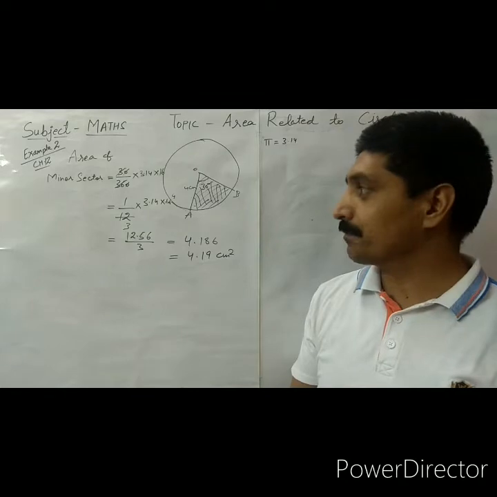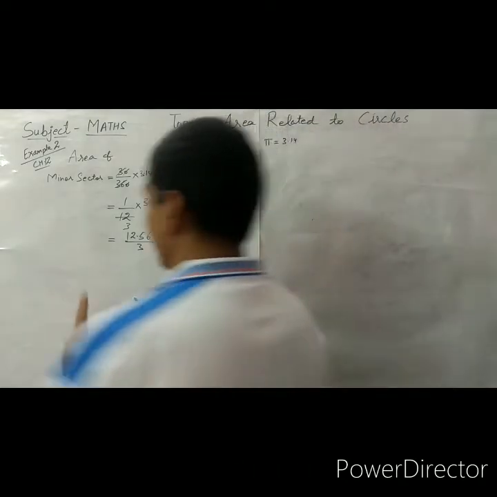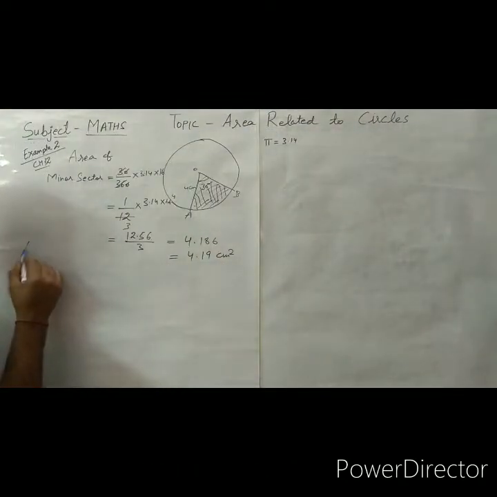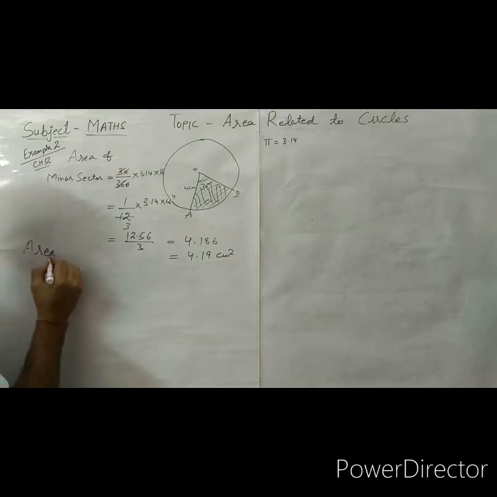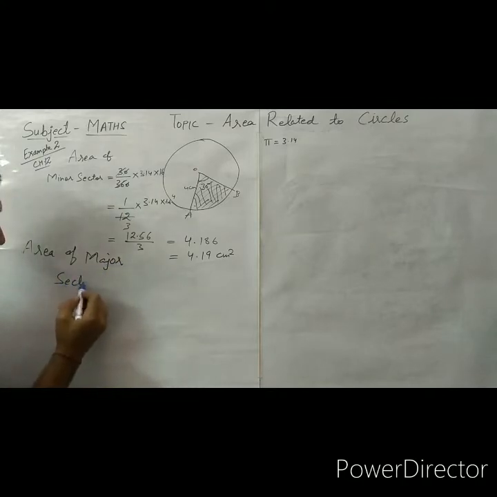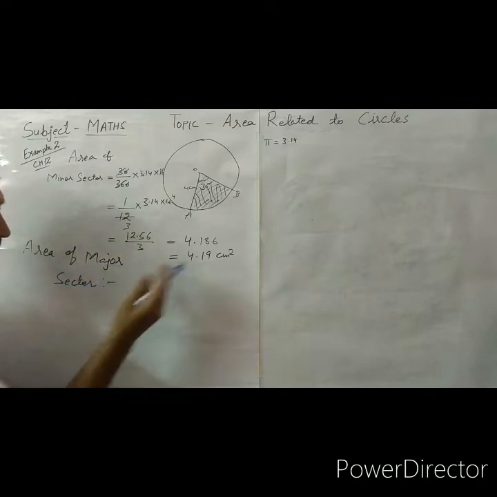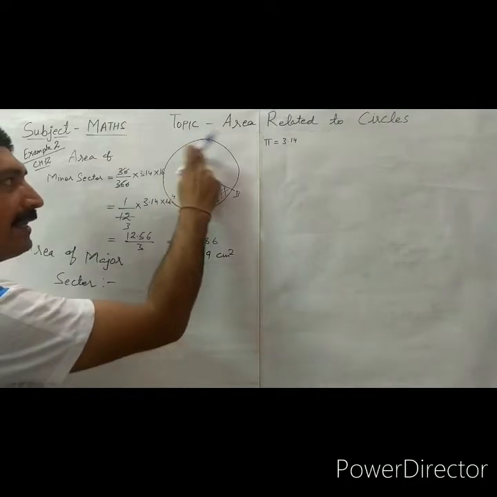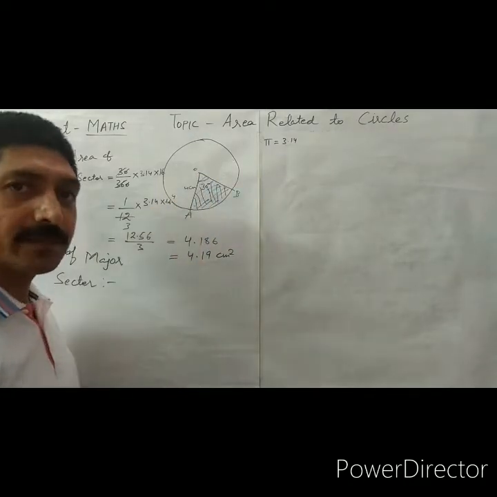Now the second part of the question is to find the area of the major sector. We can find it in two ways. The remaining angle is 330 degree.